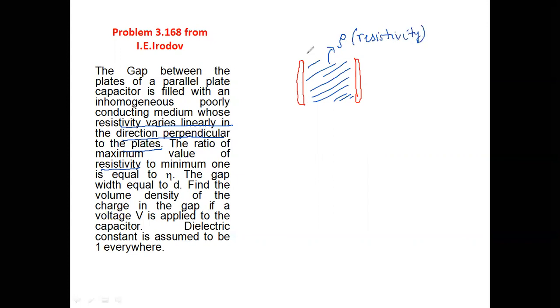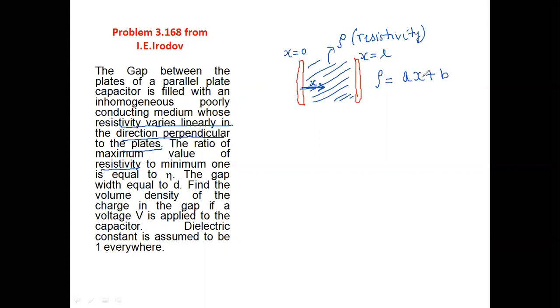Again, if I assume the left plate to be x equals 0 and the right plate to be x equals L, and resistivity varies linearly, you can put resistivity equals some ax plus b type format, a linear form with distance small x from the left plate.